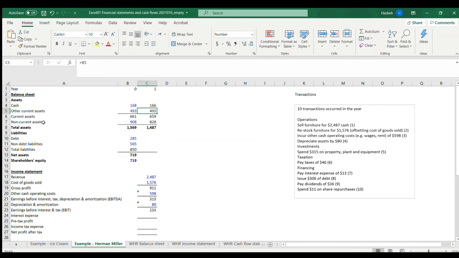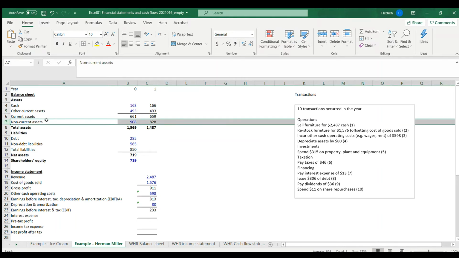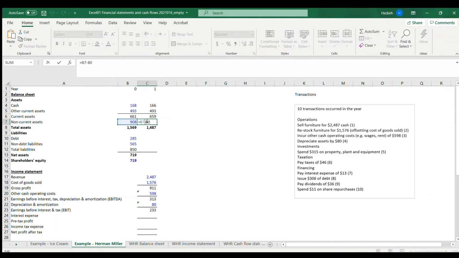So we should add it to the section of non-current assets, or long-term assets. Okay, we updated our balance sheet for this transaction, for investing in a long-term asset. We subtracted from cash holdings the amount that we paid, and we increased the amount of non-current assets.